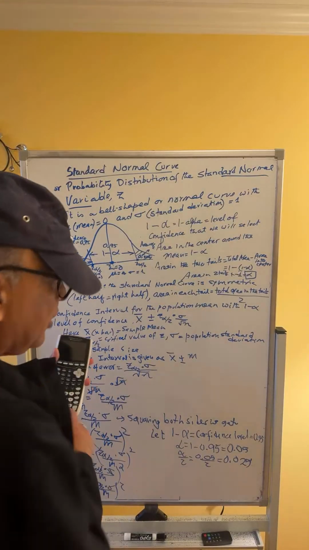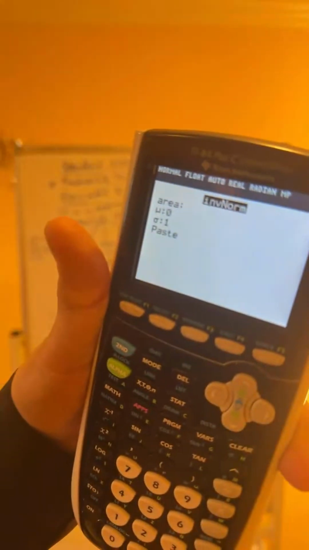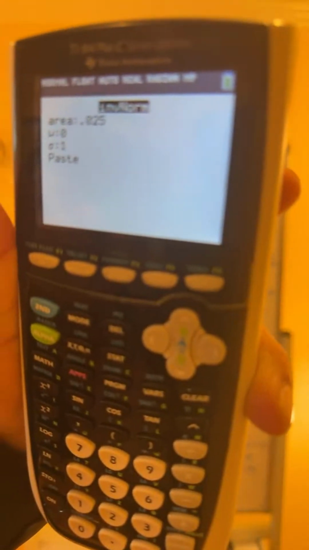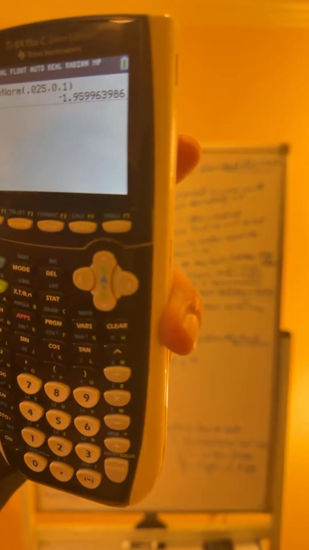We press second, then vars, in the third row, and use number 3, invNorm, not normalCDF. The area in the left tail is 0.025, the mean is 0, and the standard deviation is 1 because it's a standard normal probability distribution. Paste, enter and enter.